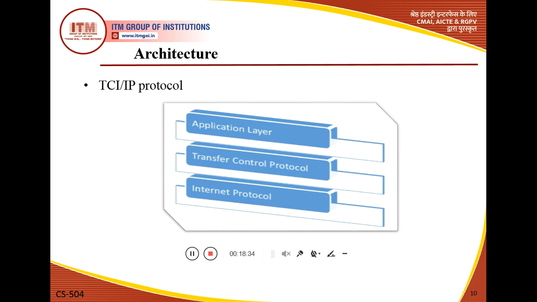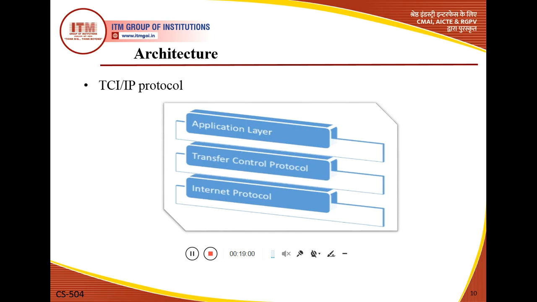Now we will discuss the different layers. What is the role of the internet protocol? Basically the internet protocol or internet layer is used to make packets travel across a number of hosts in a network. Suppose we want to send our data in the form of packets.